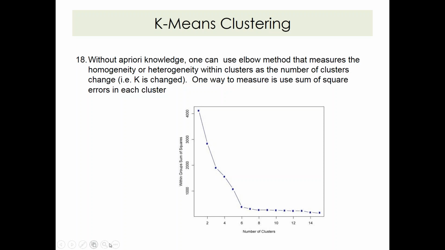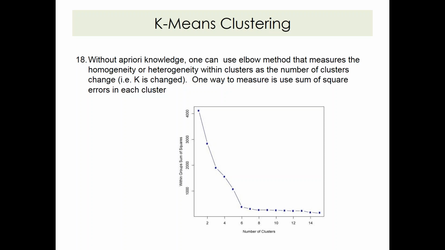If you see the graph here, the x-axis shows the number of clusters, and you can use a metric: the sum of squares within a group. If I choose 2 clusters, then the data is divided into 2 groups, and for each group the sum of squares is calculated.